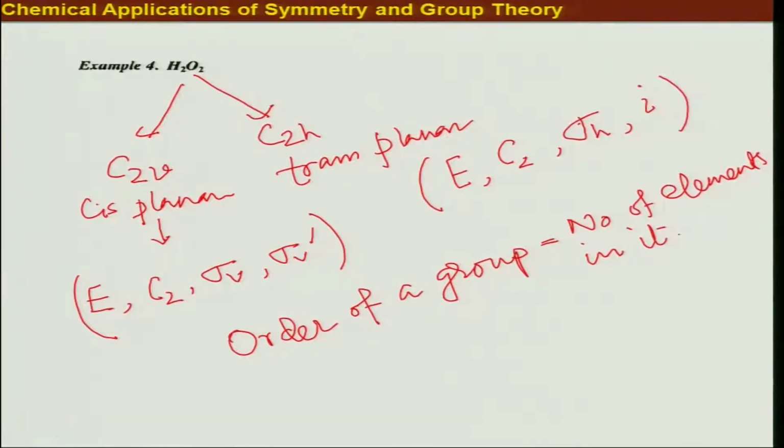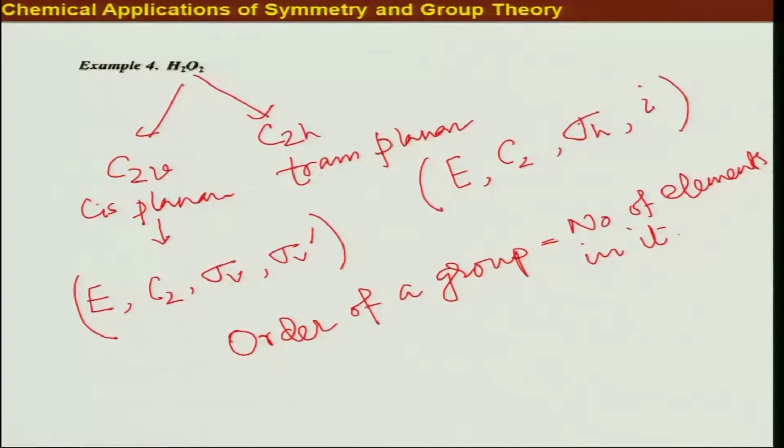In the case of symmetry point groups also, when you have found all the symmetry operations belonging to that group, you form a closed group, and the number of such symmetry operations, including identity, gives you the order of the group.